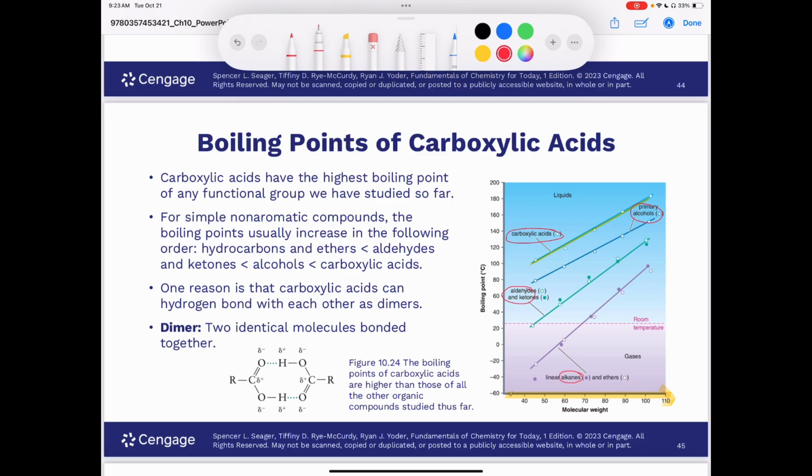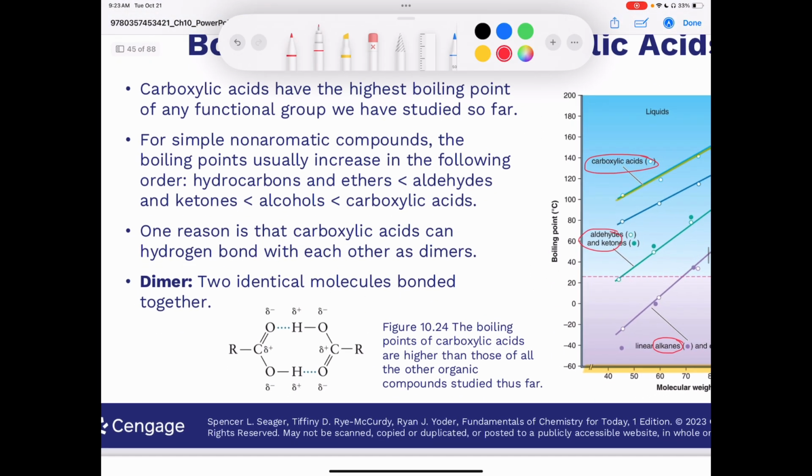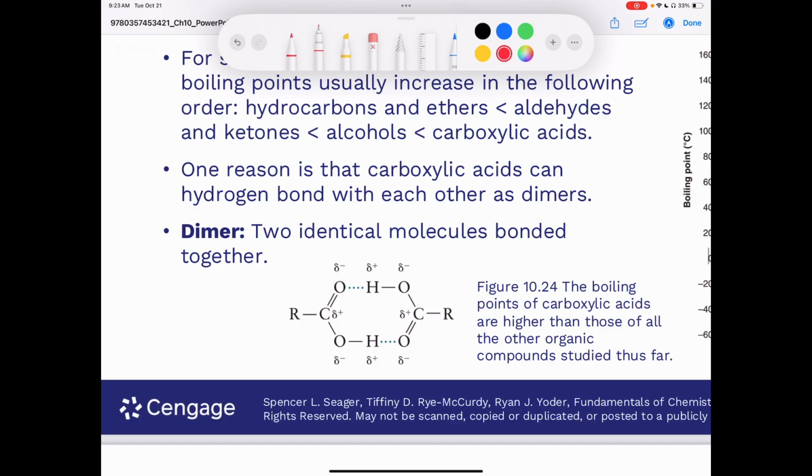One of the reasons why carboxylic acids have such high boiling points is their ability to form what we call a dimer, shown here, where you can see hydrogen bonding occurring between the carbonyl oxygen and the hydrogen of a carboxylic acid. And it can also occur with another molecule of another carboxylic acid.